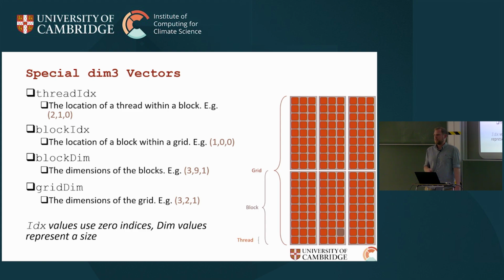Casper: On the topic of dimensionality, does the dimensionality of a thread inside the block have to be the same as the dimensionality of the blocks inside the grid? No, you can do whatever you want. You can construct a thread block of whatever dimensionality you want.